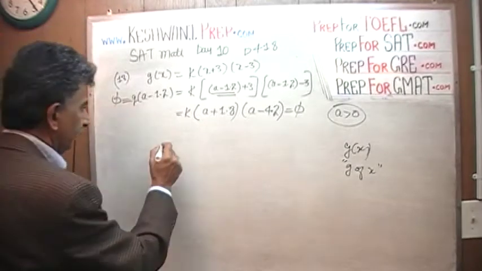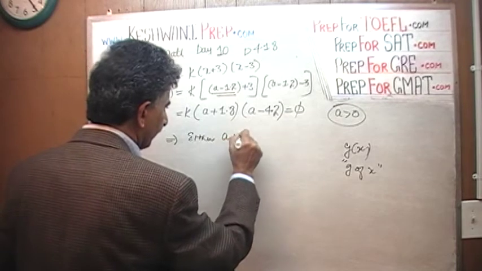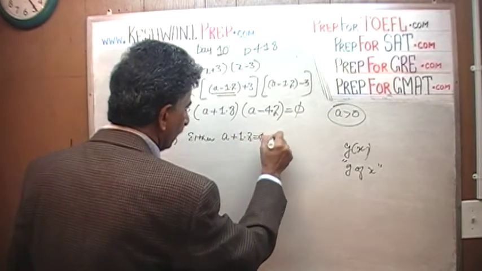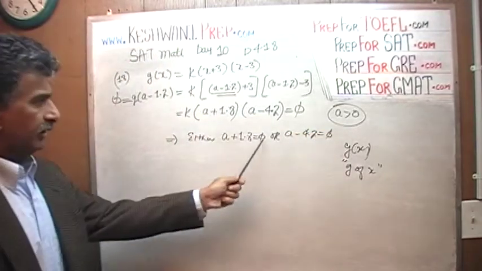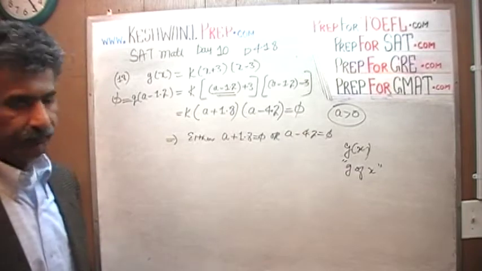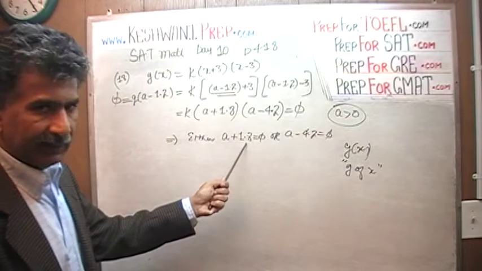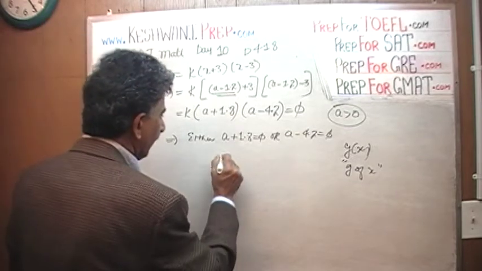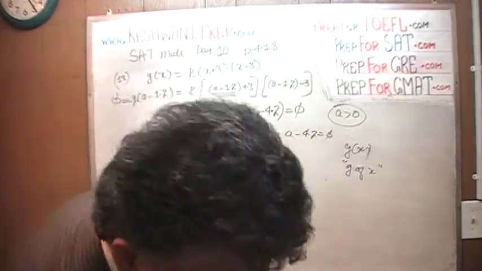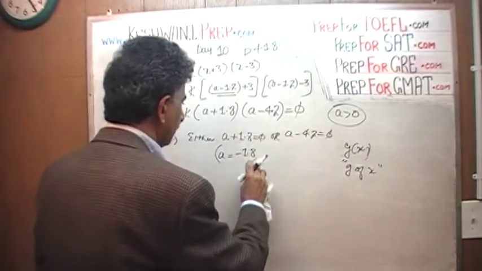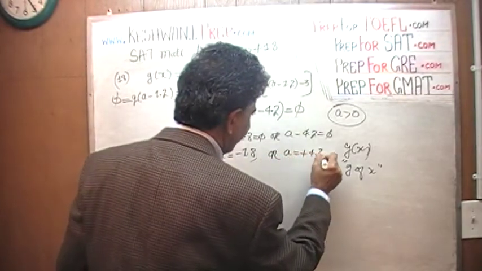This implies that either a plus 1.8 is equal to 0, or a minus 4.2 is equal to 0. That's the only way the product is going to be 0. k times this quantity is 0. It means either a plus 1.8 is 0, in which case a would have to be negative 1.8, or a would have to be positive 4.2.